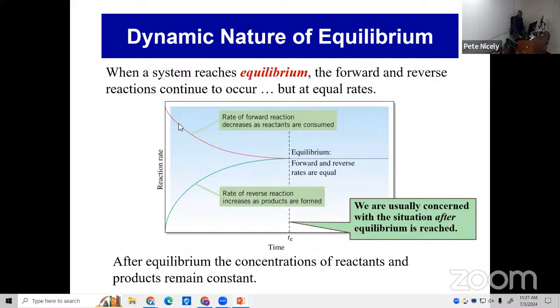So you have the rate of the reactants decreasing, the rate of the formation of products increasing, until you get to a state of dynamic equilibrium, where the rate of both the forward and reverse reaction will be the same, all right? And that pretty much continues on to infinity as long as the conditions remain the same, all right? So that's basically what we mean by an equilibrium system in the context of a reversible reaction, all right?